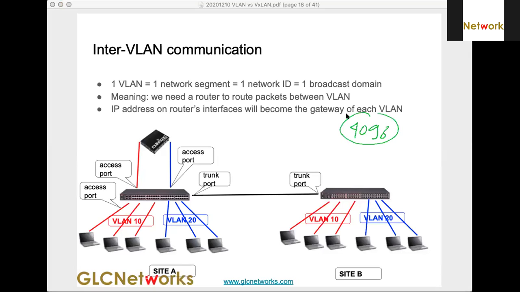For most organizations, this 4096 is enough. Even reaching 100 VLANs is rare. I try to reduce the number of VLANs as much as possible. So for some organizations, that VLAN ID range is enough.